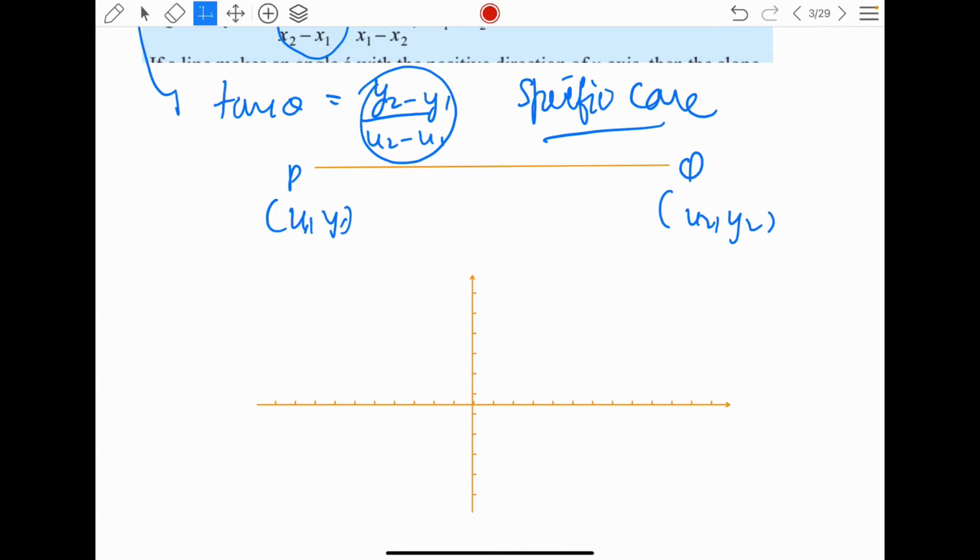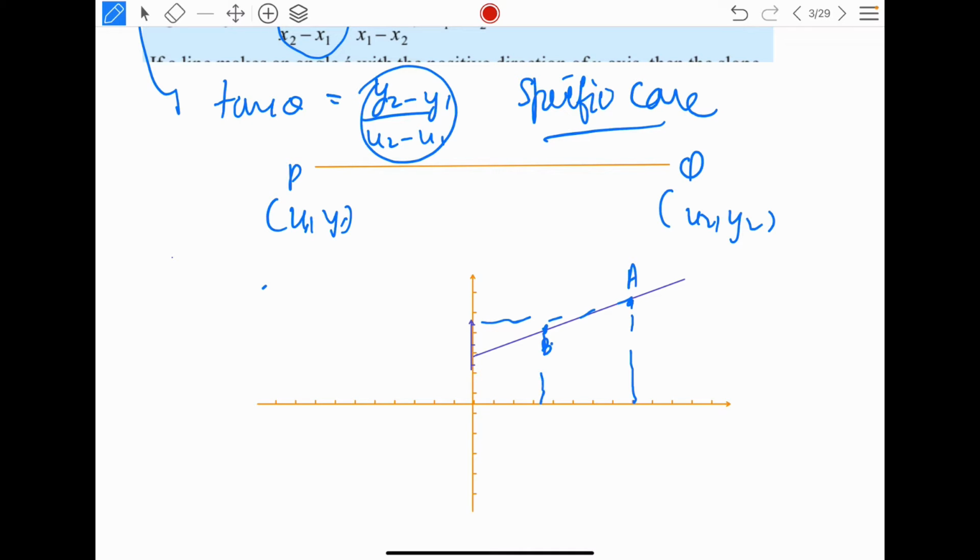Okay, now whenever a graphical representation of a line is given, let's take an example here. I am taking a line which is passing through 2 points. If I have to find the slope, any 2 points we'll take. Suppose I take this point A and this point B. At both the points I will find out the x and y coordinates respectively.